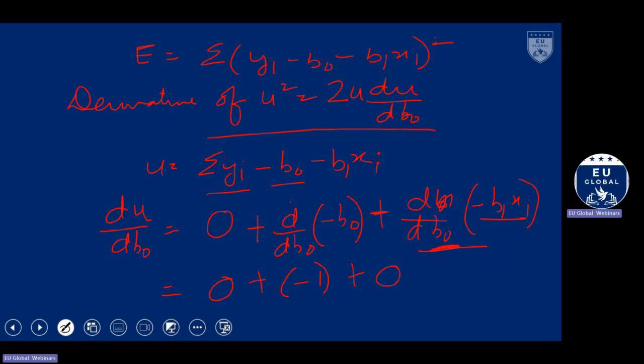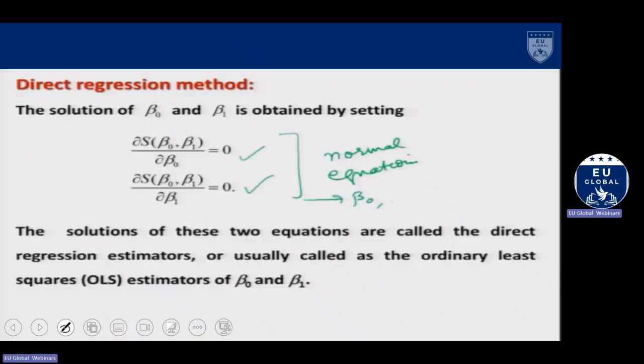So this will be 0 plus minus 1 plus 0. Hence we can say du upon db0 will be equal to minus 1. This is what we have got by finding du upon db0.